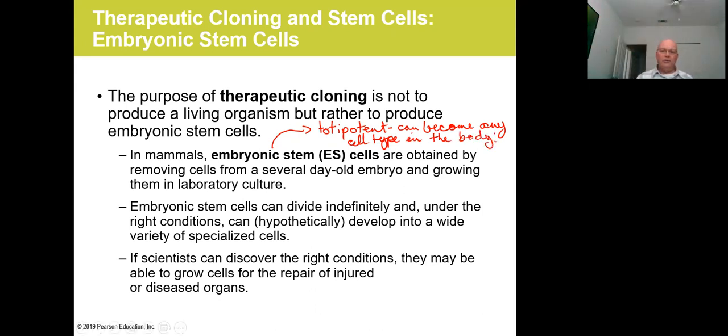Now, there is also another type of stem cell called adult stem cells, and let me put the note down here.